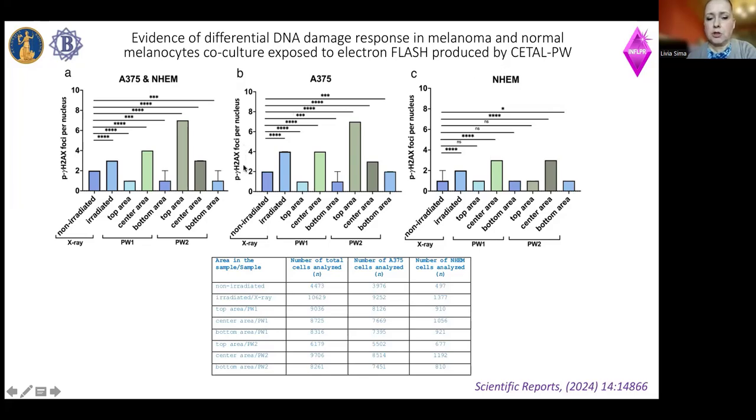So after this experiment, we were happy to see that for a certain region in the slide flask, we obtain indeed a differential effect, where the cancer cells had shown a higher number of phospho-gamma H2AX foci per nucleus, whereas the normal melanocytes were not affected by the treatment and they show a similar number of foci with the cells that were not exposed to radiation.